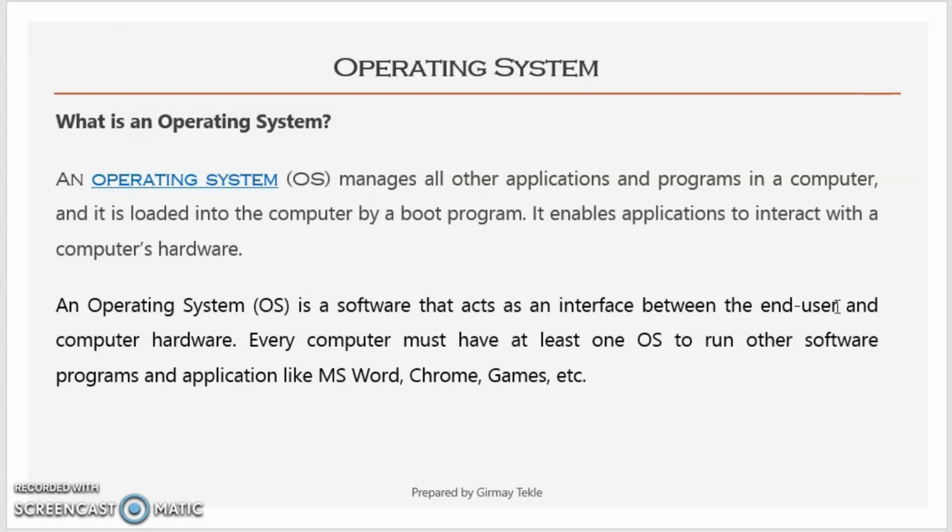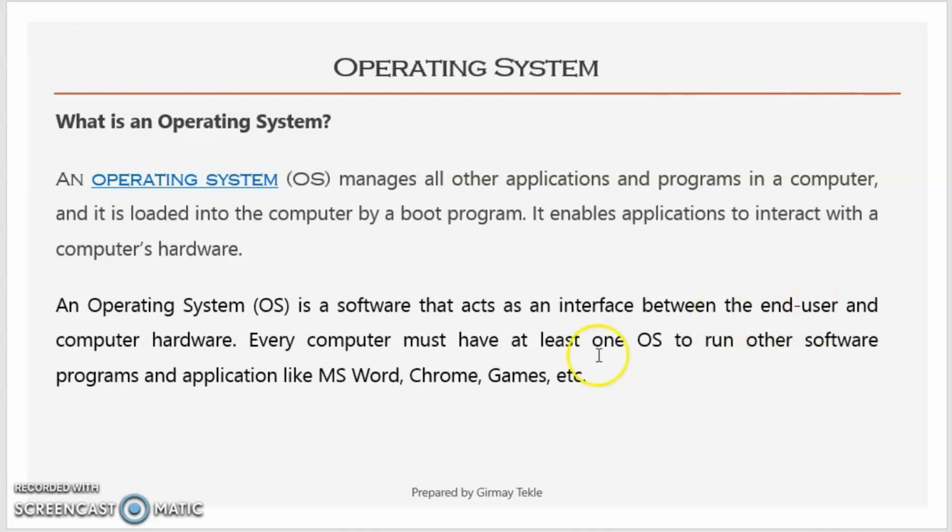Whereas application programs like Excel, Microsoft Word, or database management systems are examples of application programs which are used to perform specific activities. That's why we call them application software, application programs.